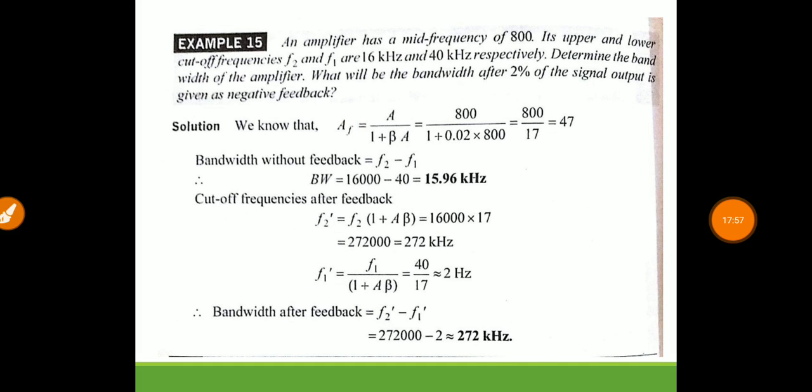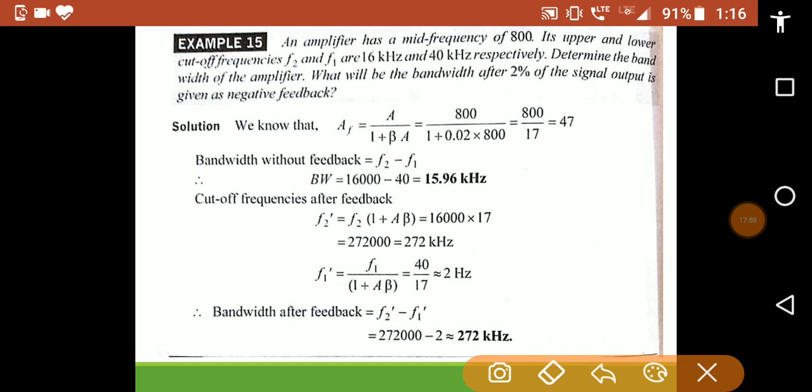So in this problem, an amplifier has a mid frequency gain of 800. Its upper and lower cutoff frequencies f2 and f1 are 16 kilohertz and 40 hertz respectively. Determine the bandwidth of the amplifier and what will be the bandwidth after 2% of the signal output is given to negative feedback.